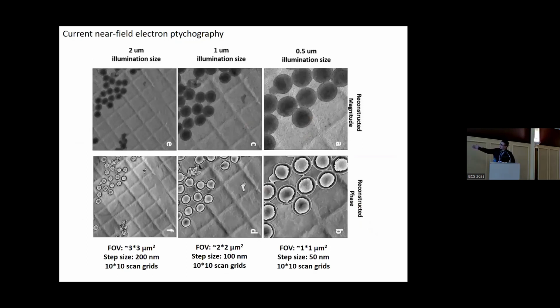For those three results, the step size is 10% of the illumination size, which means the overlap region is 90%. So it's oversufficient information. We haven't really investigated how much overlap we have to have at least to guarantee a good reconstruction, but that might be a very interesting topic in the future, I guess. Thank you.